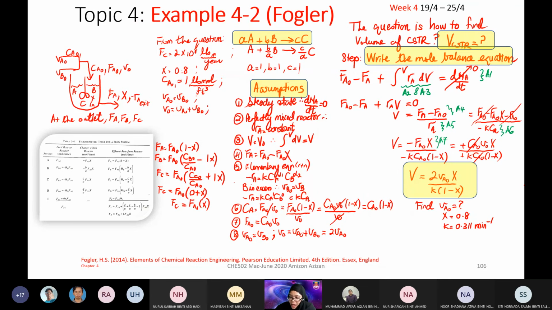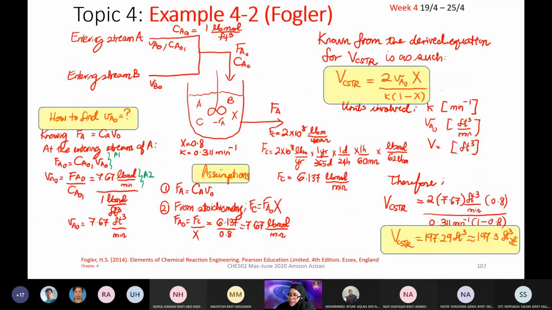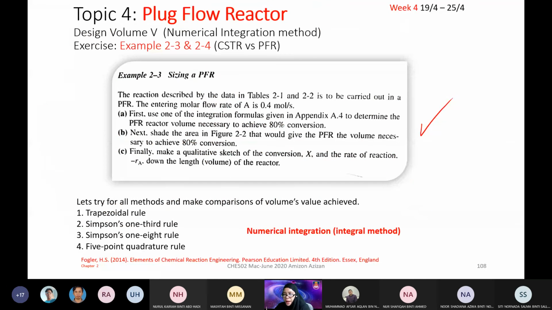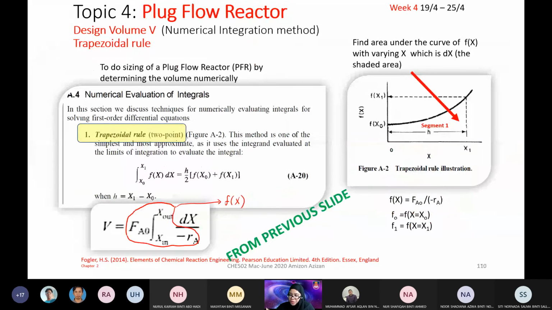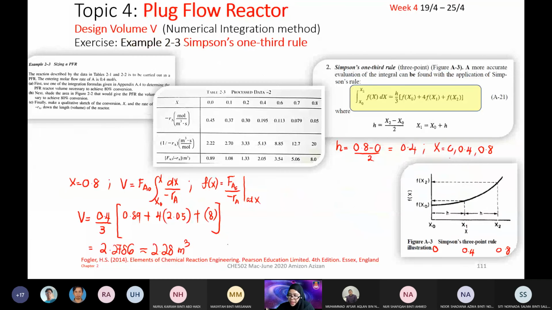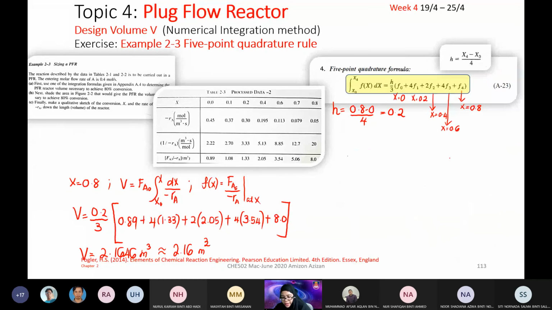But anyway, this volume for this example 4.2 giving you for a CSTR 197.3. And we did the same condition of 4.2 and compare it with the plug flow reactor. And this is what we got, yeah. For a 2 point, it's 3.52. For a 5 point, it's 2.16 meter cube.